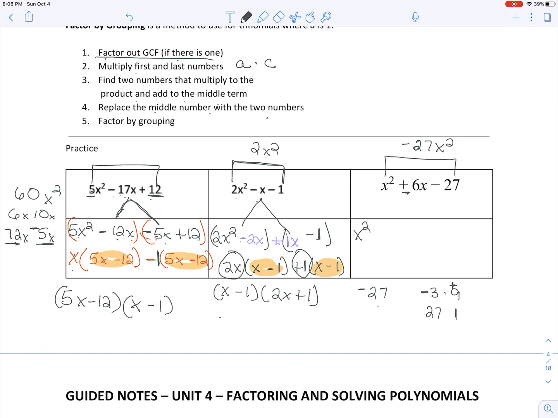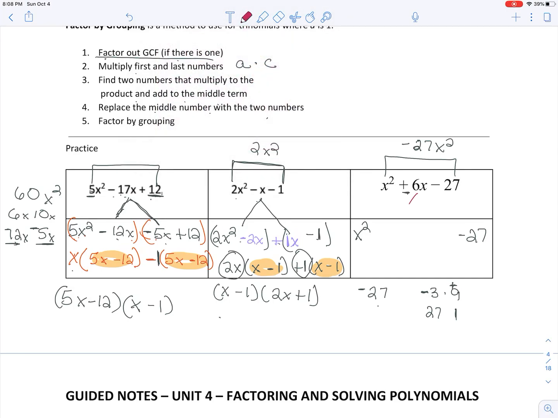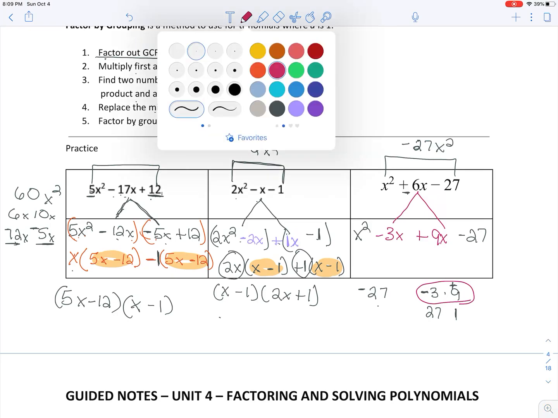Okay? So remember, the ends stay the same. And then the 6x is going to be rewritten with these two factors. Negative 3x plus 9x minus 27.